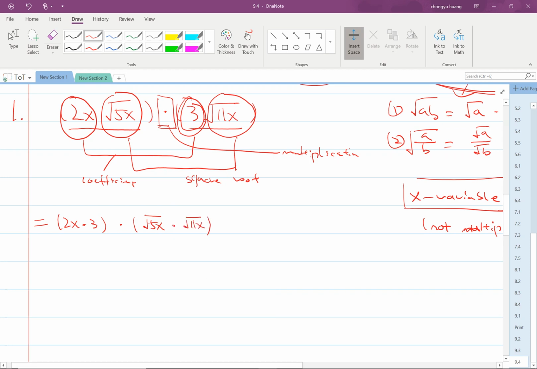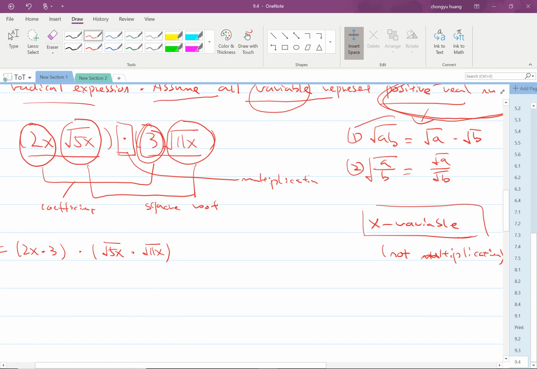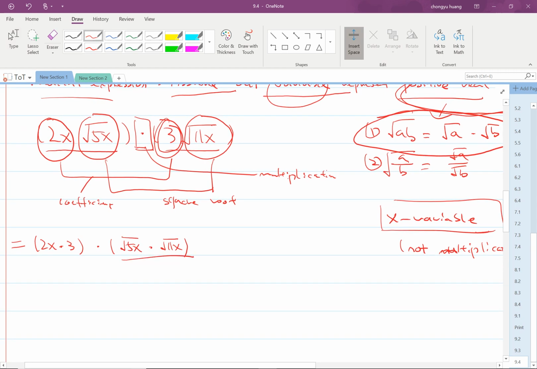As you can see, we are able to use the property over here. We have this property: the square root of AB is equal to the square root of A multiplied by the square root of B. Let's talk about this step by step. Now you can multiply the first term, 2x multiplied by 3, which is 6x.